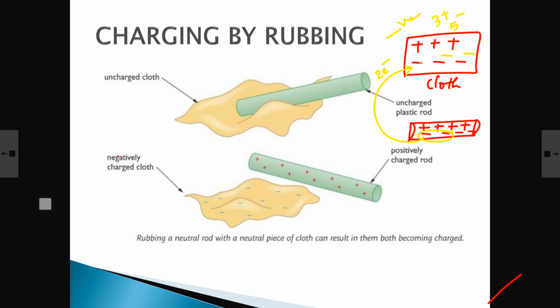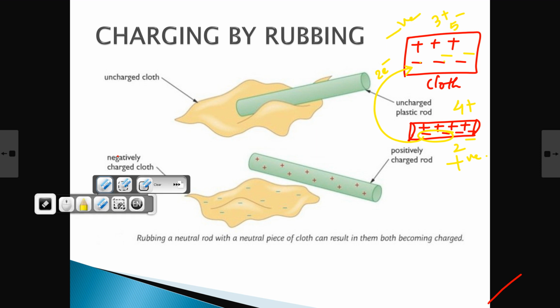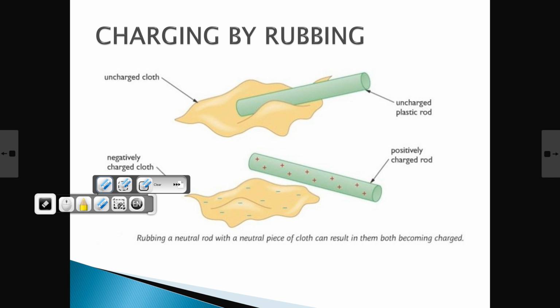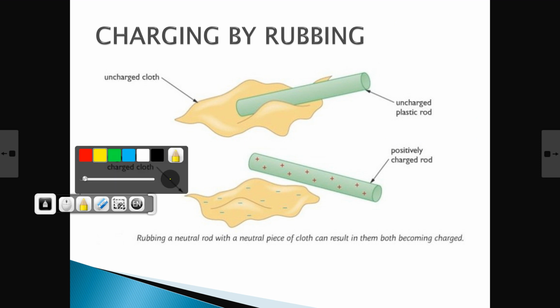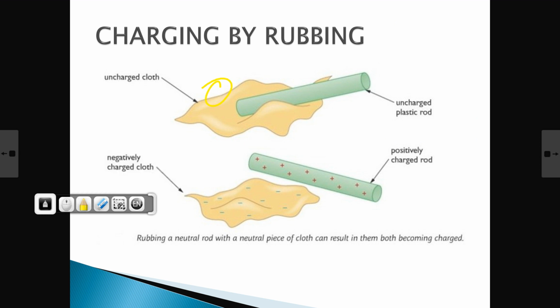And what is the case of the rod? Now it has 4 positive charges and 2 negative charges, so it is positively charged. This is seen in the figure also. First we have an uncharged cloth and an uncharged plastic rod.